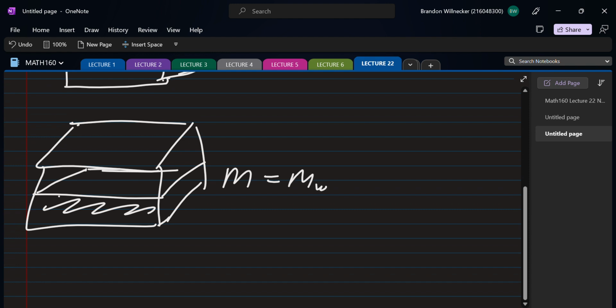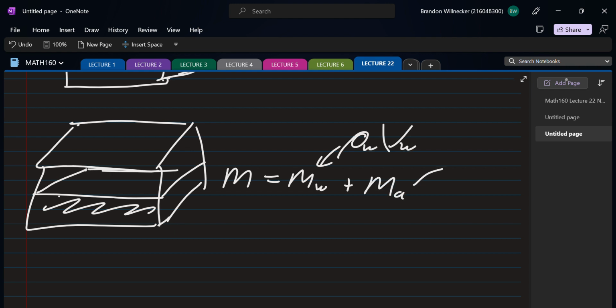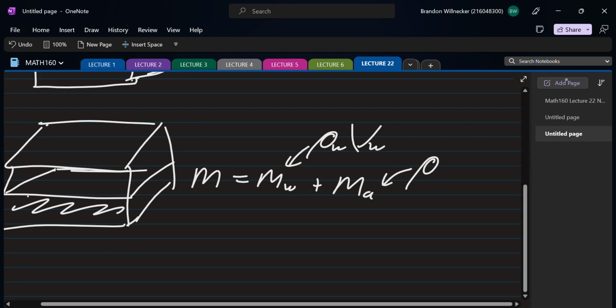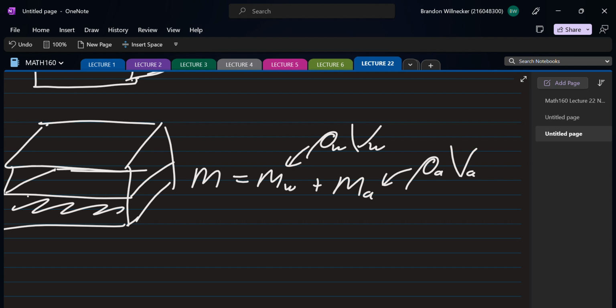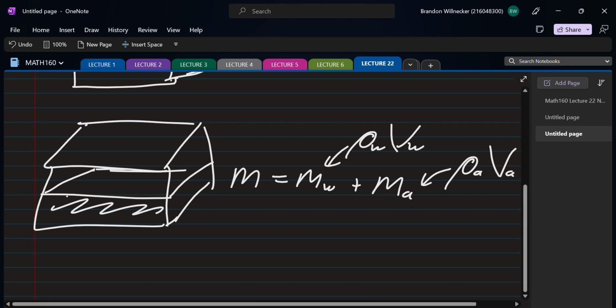So the mass of the water will be the density of the water times the volume of the water. And then we have the mass of the air. That will be the density of the air times the volume of the air. We add up the individual masses, so M equals the density of the water times the volume of the water, plus the density of the air times the volume of the air. That's the same thing as adding up the masses.